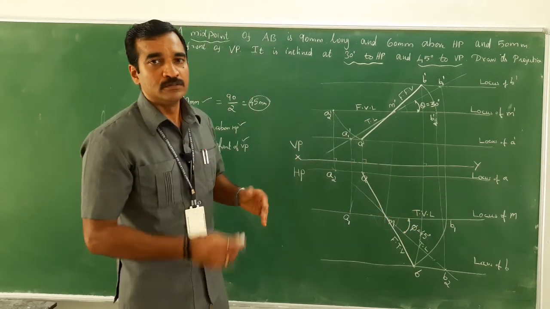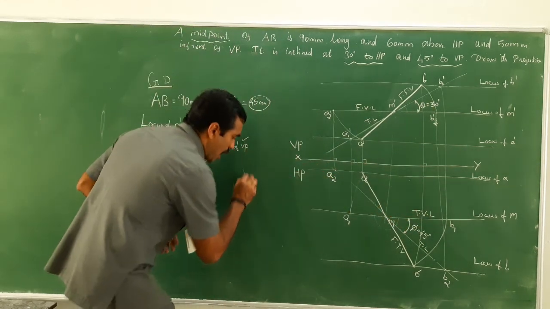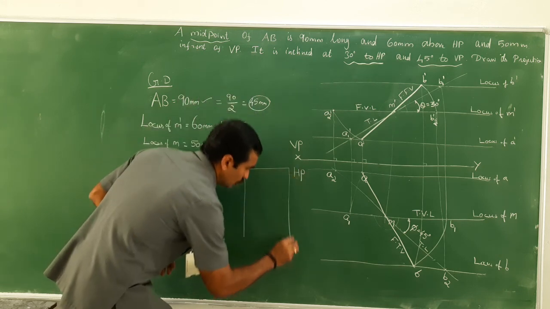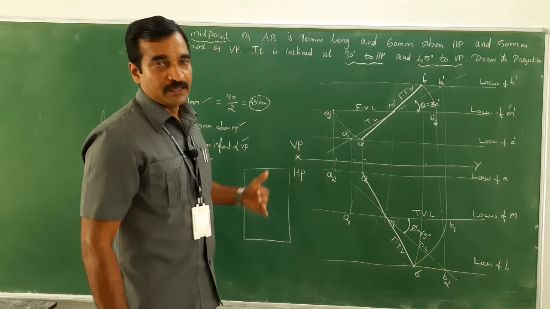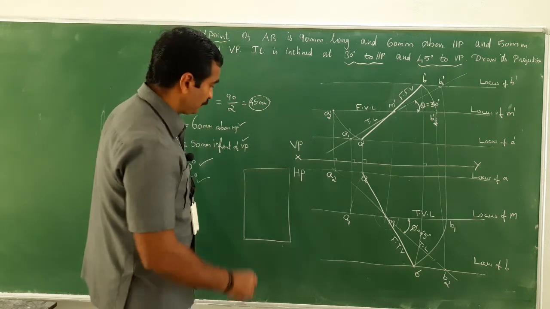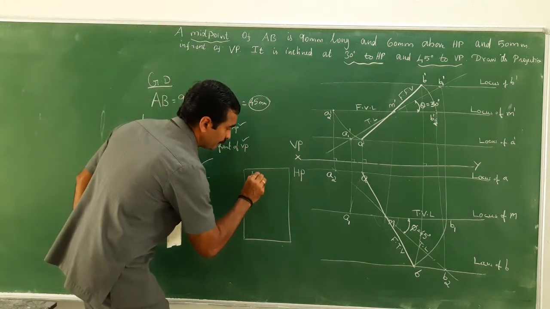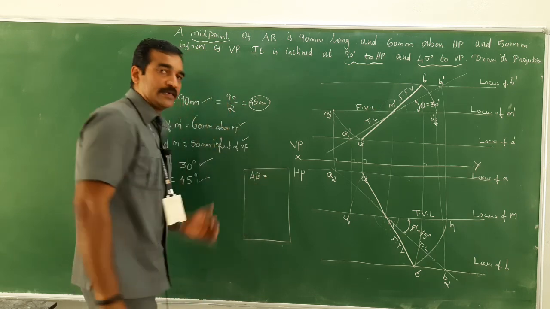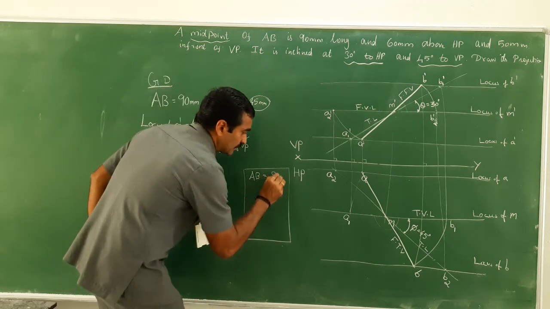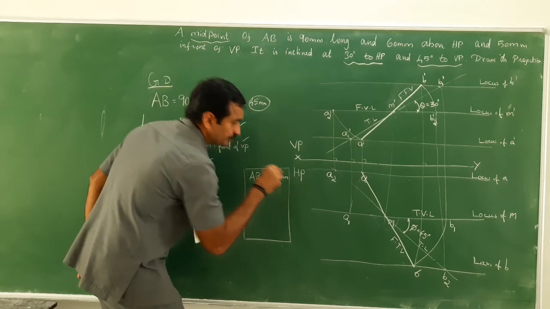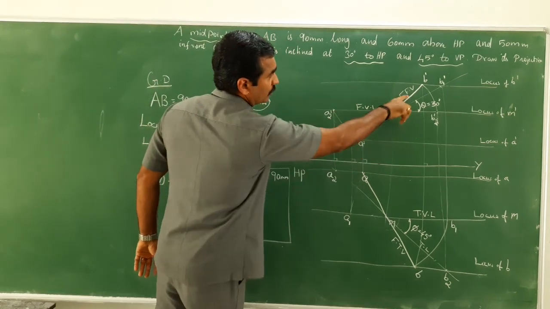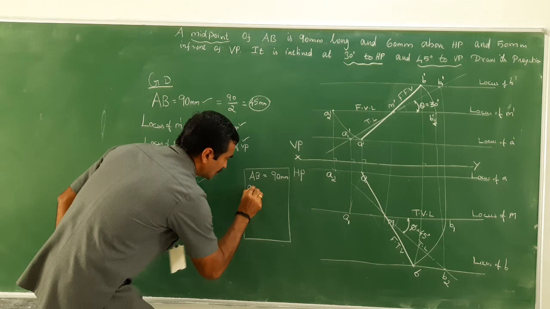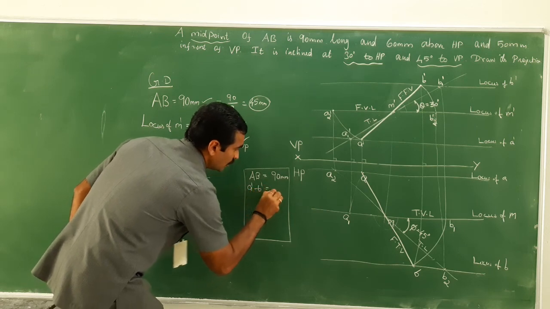Now I need to open up a box to mention all the data to cover up. Here AB is the true length, which is 90 mm, and the final front view is A dash B dash.